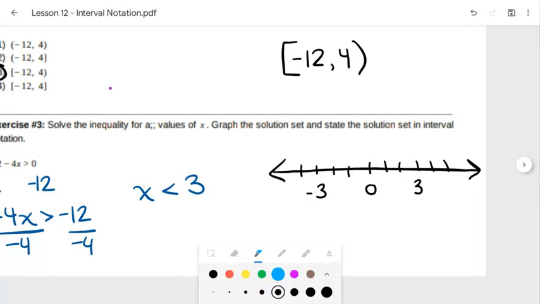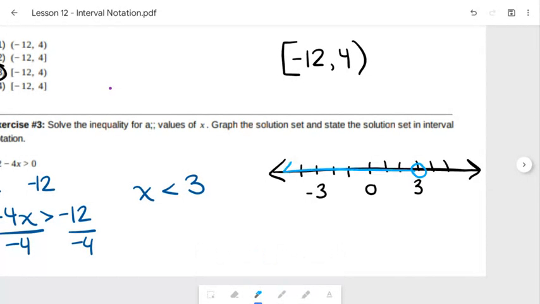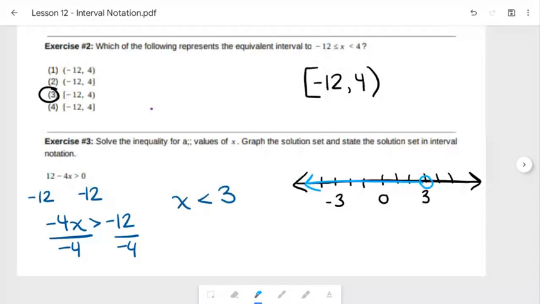But when I go to graph it, I know I have an open circle at 3. And I'm shading to the left. So then everything to the left of 3 is in my solution set. So remember that arrow goes on forever to negative infinity. Infinities get the parentheses because they're not included. We stop at 3, but we're less than 3, so it gets a parenthesis.